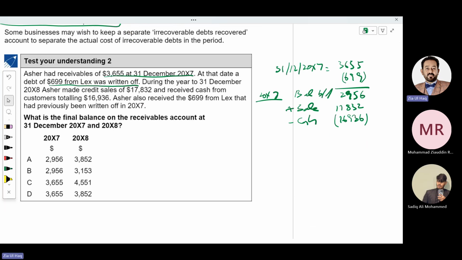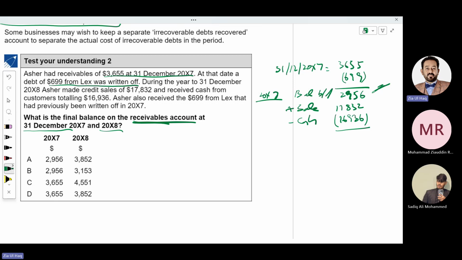So what could be the balance at 31st December 20x7 and 20x8 for receivable account? So for 20x7, the balance will be 2956. And for 20x8, you can calculate how much? 2956, add 17832, minus 16936.